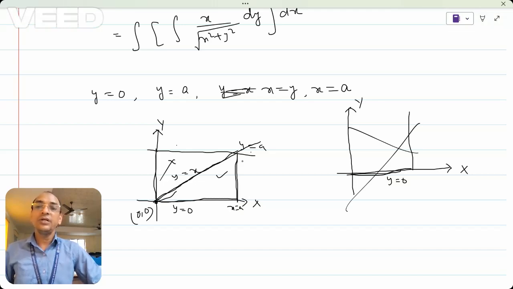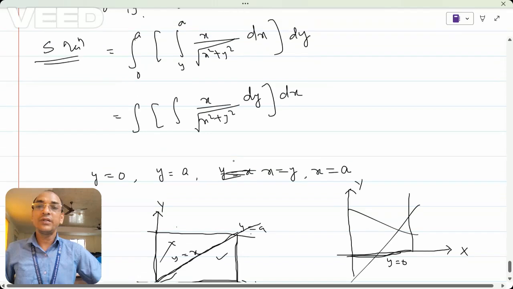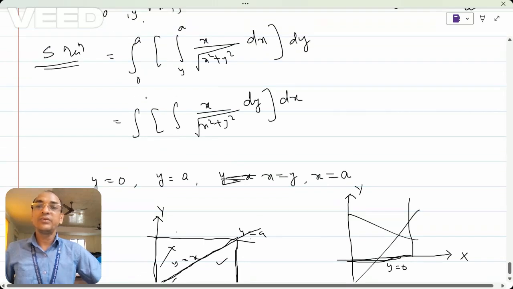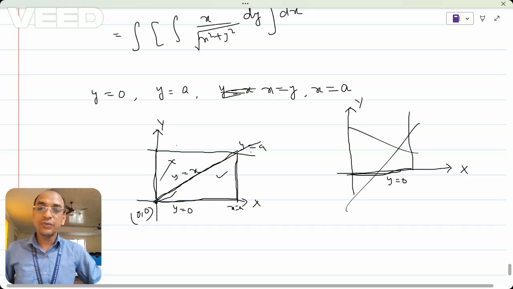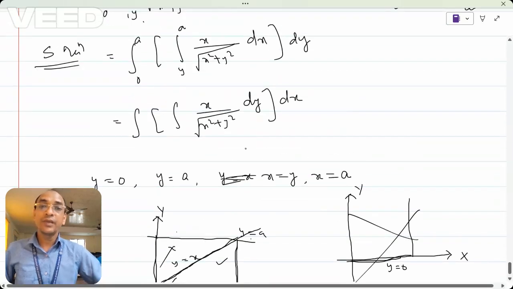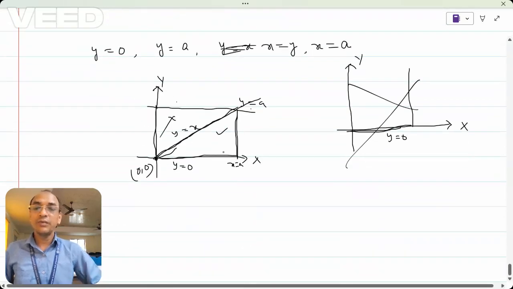In this region, I have to evaluate this double integral, and I have to change the order. So initially, what is given? Initially, y is from 0 to a. What is the coordinate of this point?